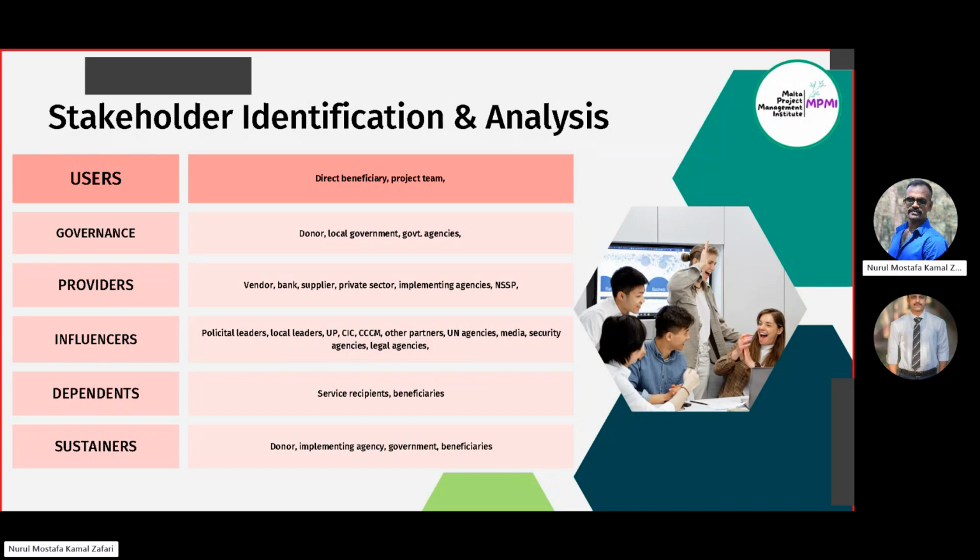So a project manager should analyze the stakeholders in this phase, but in brief, maybe he or she will take a short note or brief to make sure that the donor has been briefed about the stakeholders of this project.